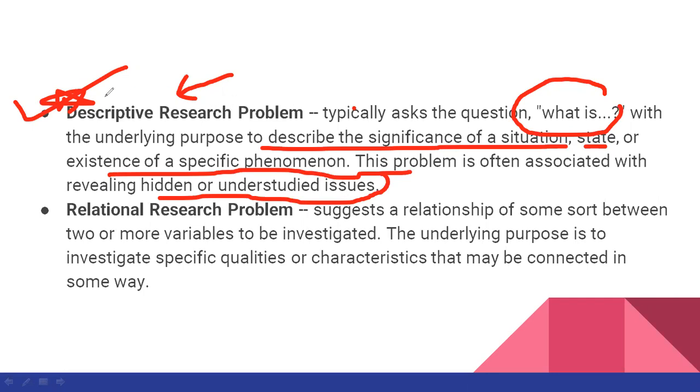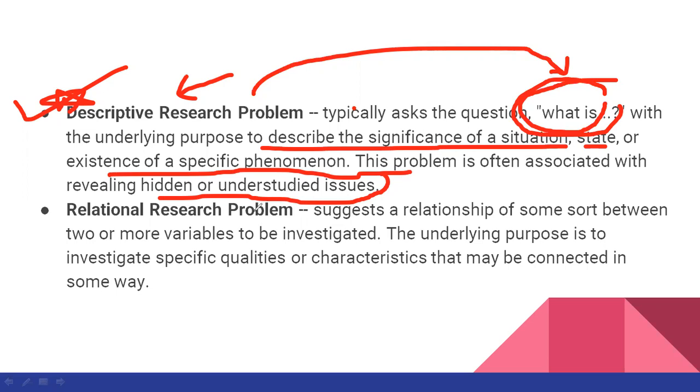So the descriptive research problem deals with what is, about that particular content, and what is the significance of this with respect to the situation that you are mentioning in that problem statement.